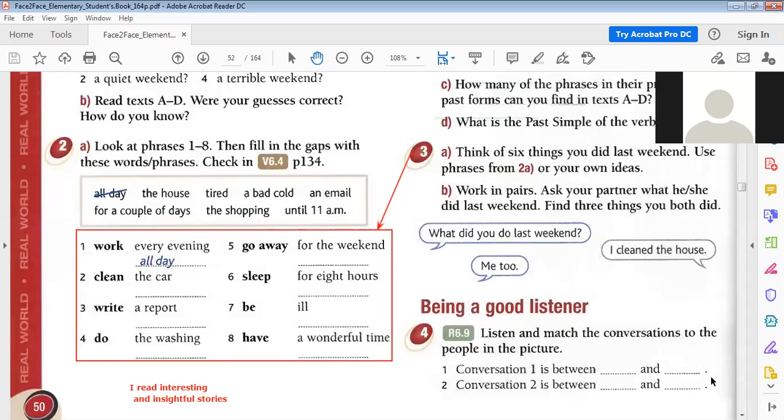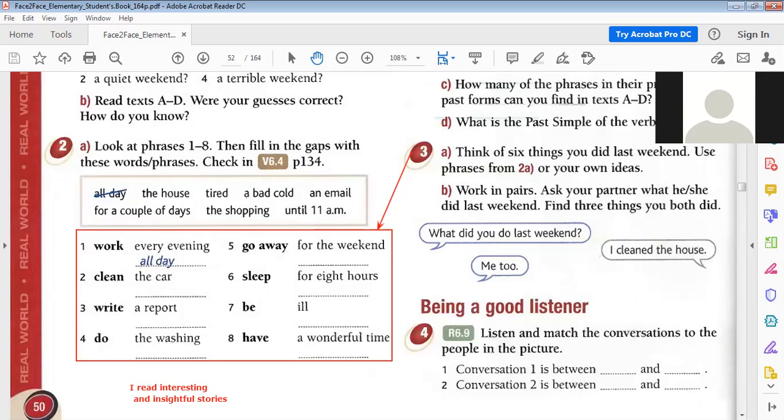And I went shopping. What did you buy? I buy a bag and some shoes. In the past? Yes. I bought a bag and some shoes. Nice. Yeah. Did you have a good time last weekend? Yeah? Okay. All right, very good.